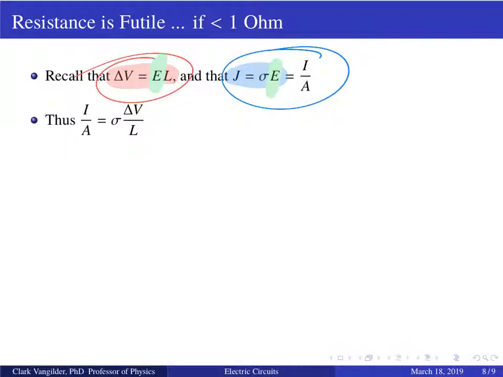Okay, so the electric field would be delta V per L, and if I wanted to have conductivity, so then we get this new equation. So current density ends up being related to these other things.